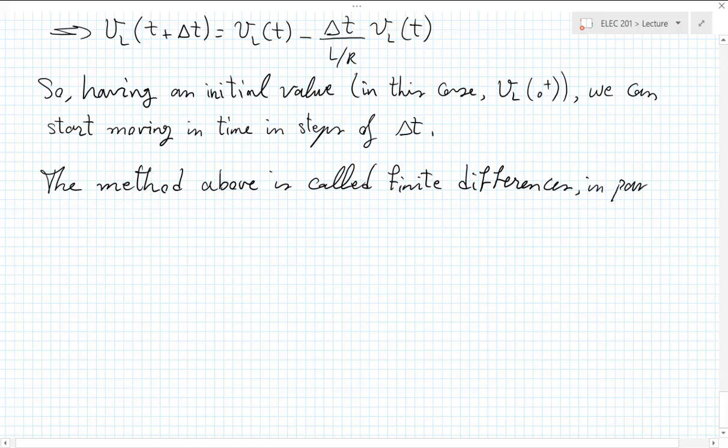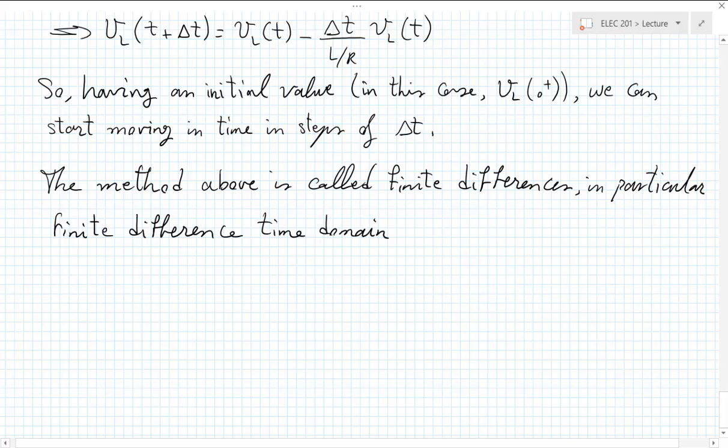In particular, in this case, because it's in time, finite difference time domain.